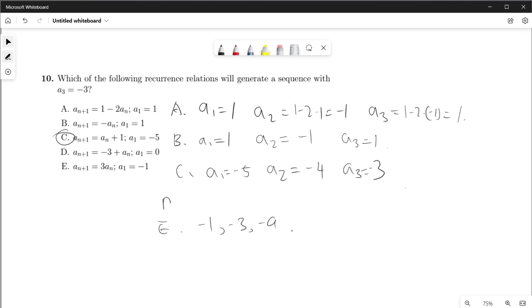And then for D, it would be 0, -3, -6. And although those do have -3, it's in the wrong term. A2 has -3, so it's not going to be the answer we're looking for.